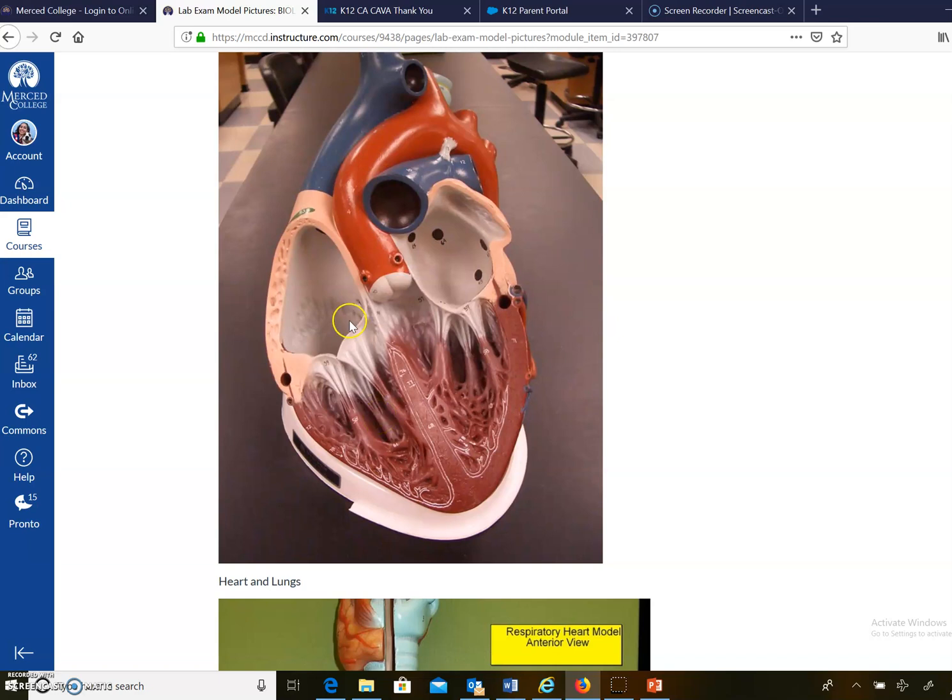All right. So over here, these are called the chordae tendineae, holding the atrioventricular valve in place. And these are the papillary muscles associated with the chordae tendineae. You have that both on the right and the left atrioventricular separations.